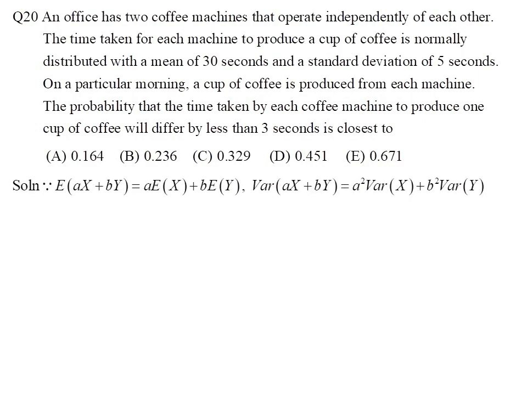Since two coffee machines operate independently, it is a question related to linear combination of two independent random variables.